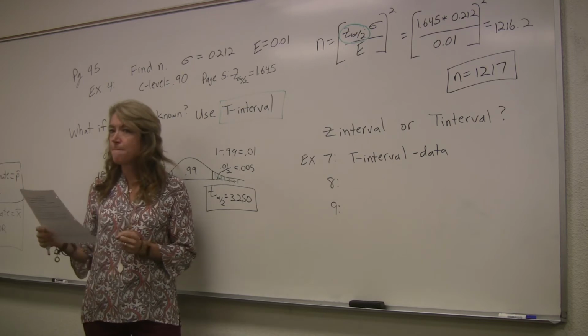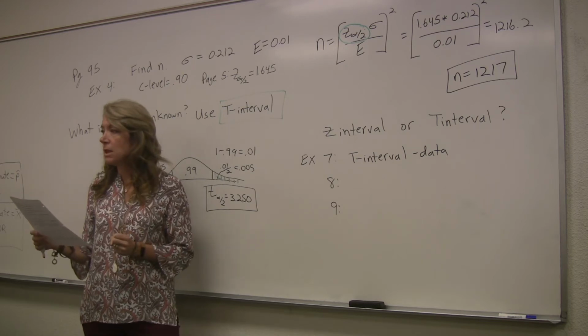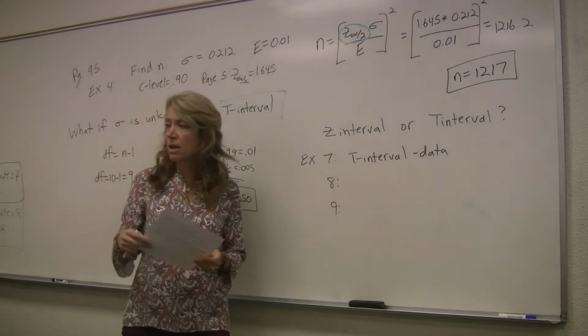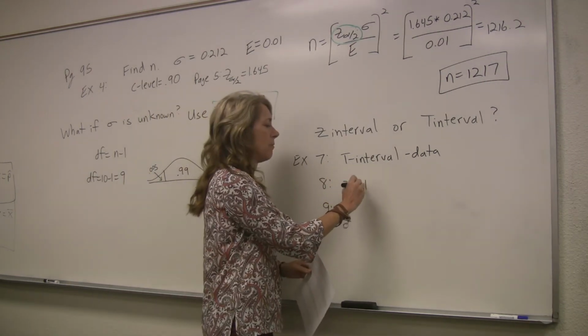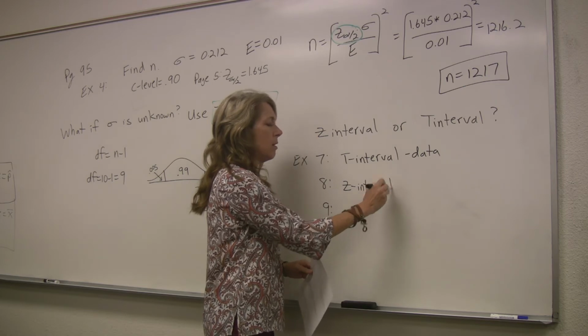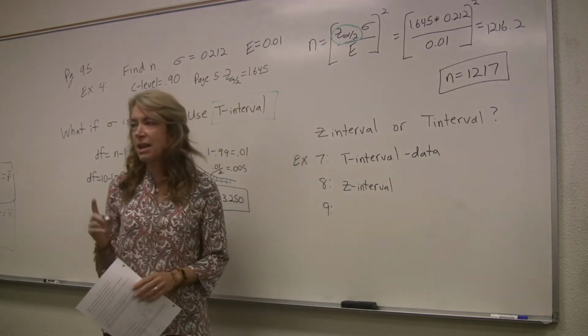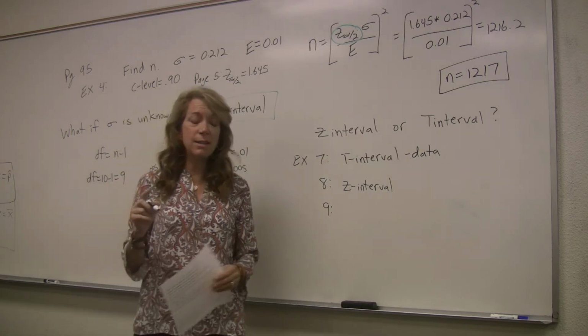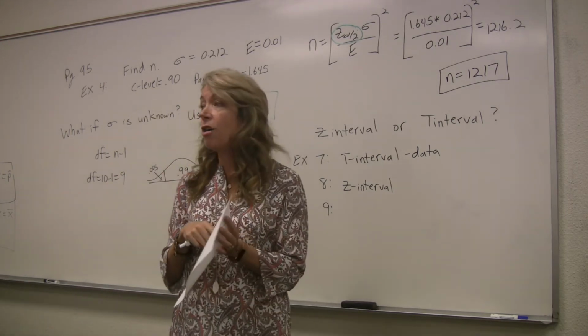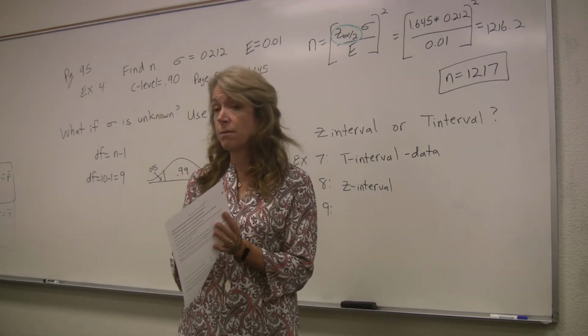What about number 8? Z. Why is number 8 a Z interval? Well, having a standard deviation is not enough. It says for all. It's which standard deviation do I have? It's a standard deviation for all such households.